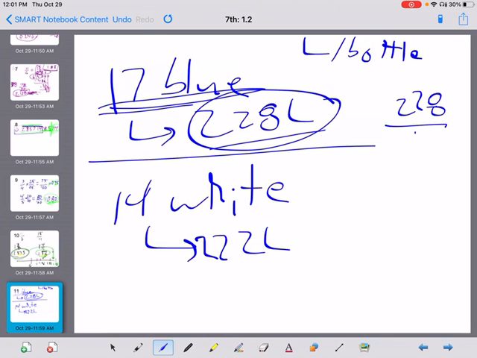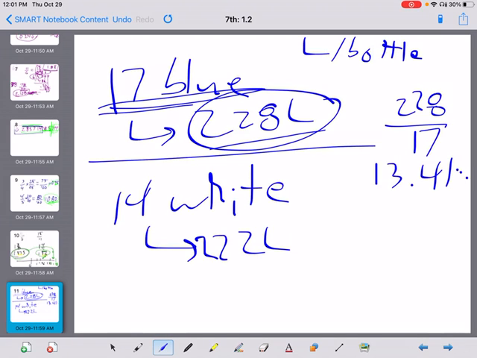So you got to do 228 divided by 17. Well, 228 divided by 17, I'm using my calculator here. Yes, it becomes 13.41 and keeps on going. It doesn't look like that one repeats, but I'm just going to say it's about that.